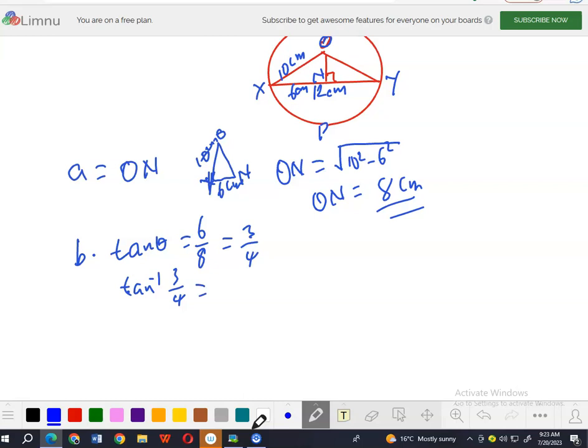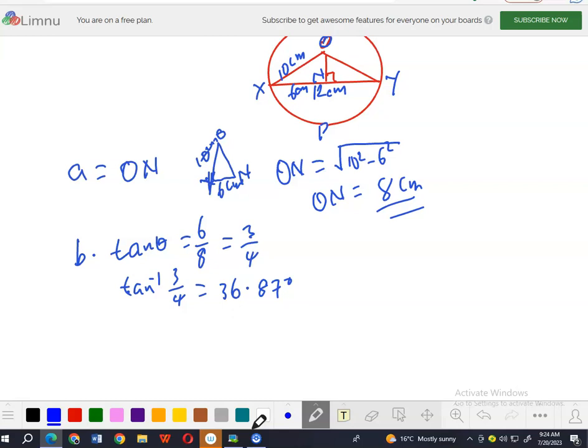Of course, this is an acute angle. That is supposed to be 36.87 degrees. So the bigger angle, which is the angle XOY, is going to be 2 multiplied by 36.87.